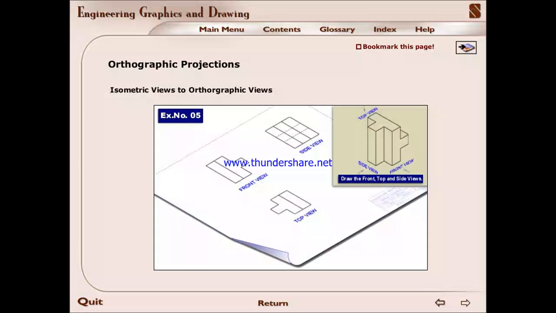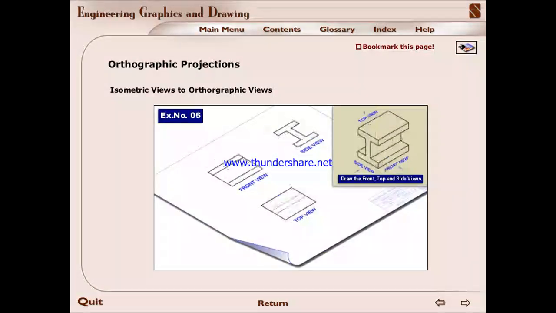Next, if the figure is like this, front view, side view, top view. Front view, top view, side view.